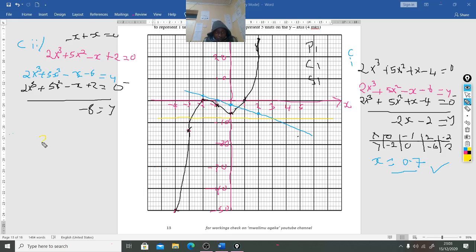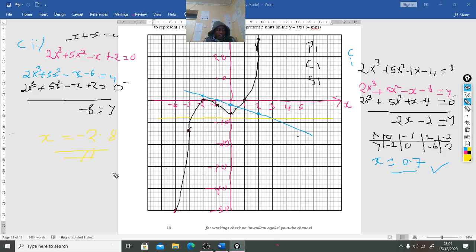So you read the value of x there. That means the value of x at this point will be negative 2.8, because this is 0.2, 0.4, 0.6, then 0.8. So x equals negative 2.8.